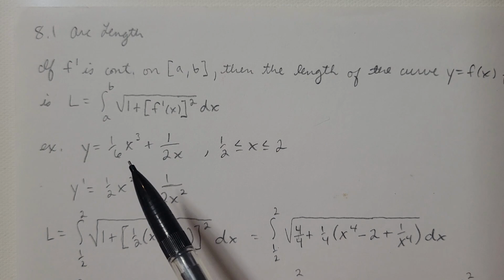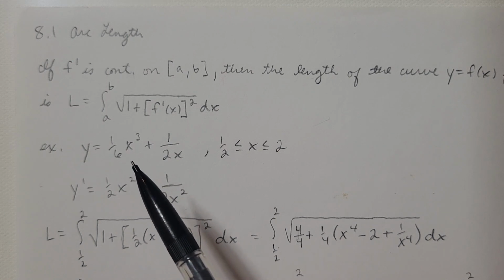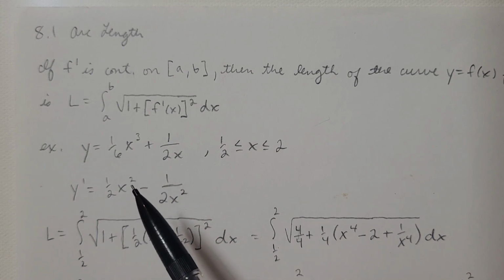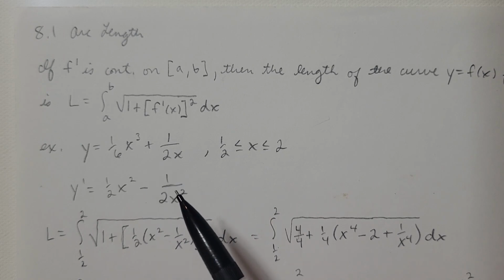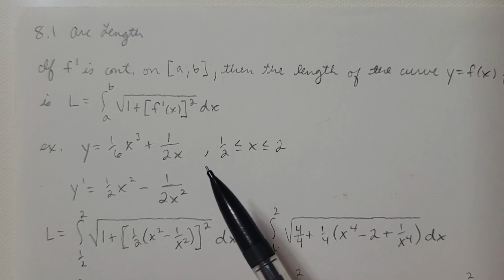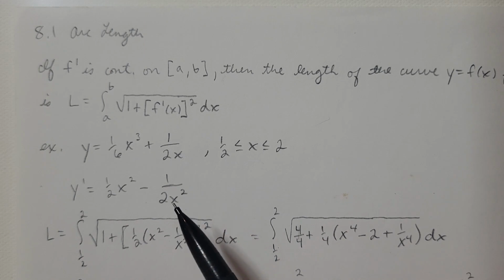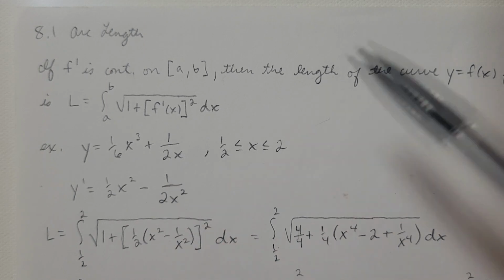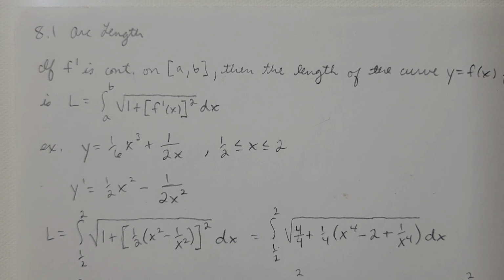So y prime, bringing down the power, you got 3 over 6, that's 1/2 times x squared plus 1/2 times the derivative of 1 over x, which is x to the negative second. So minus 1 over 2x squared, that'd be at the end of the derivative there.